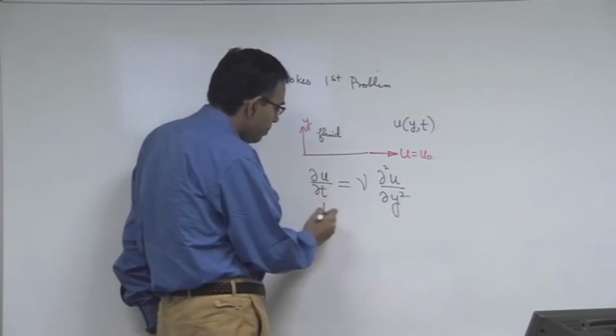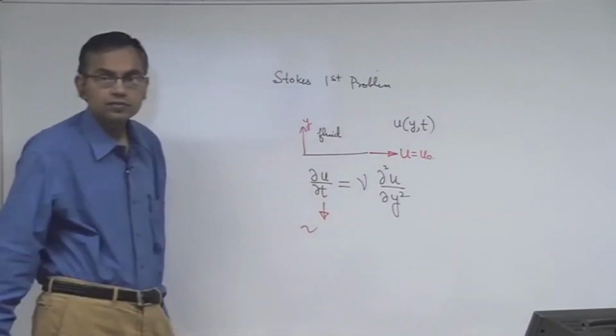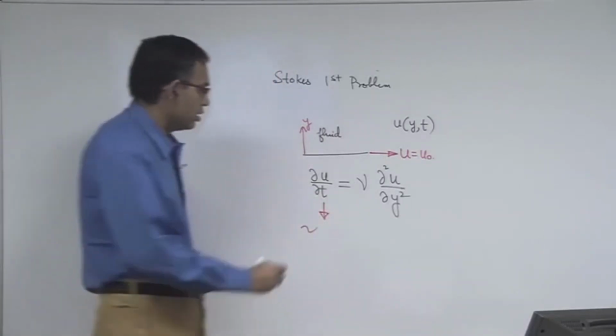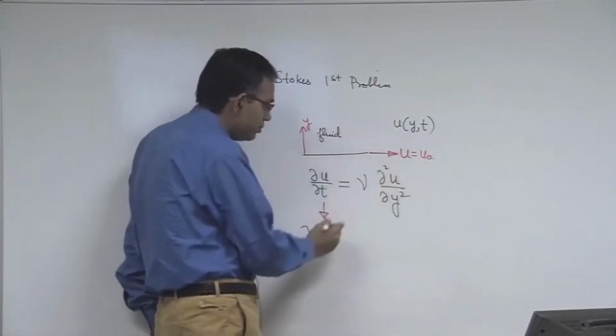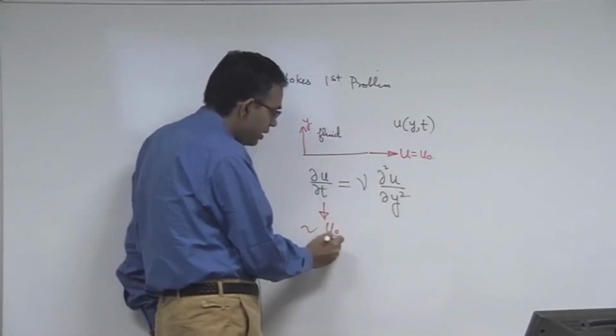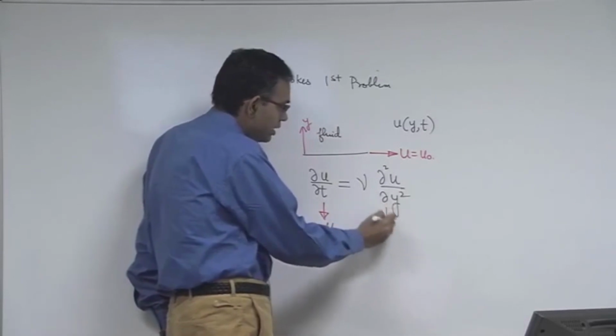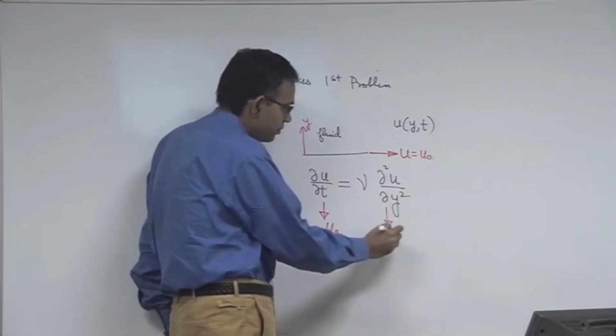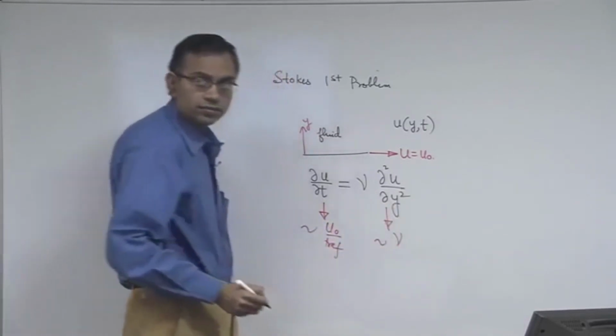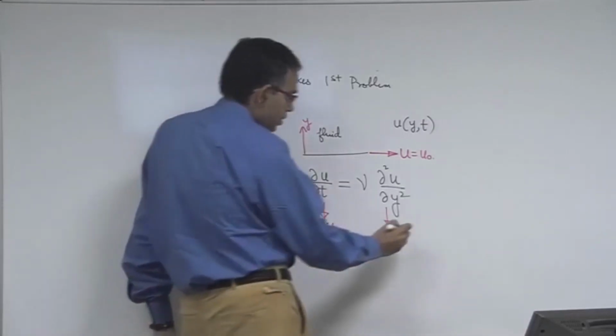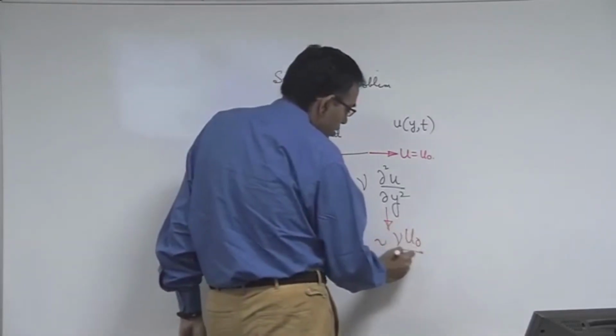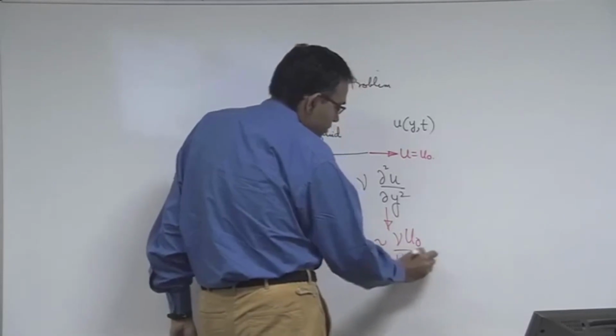So, what is the order of magnitude of this term? U reference is u0 by T reference, this is of the order of nu u0 by y reference squared.